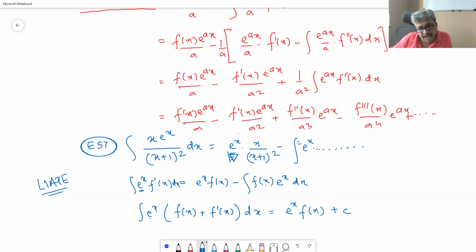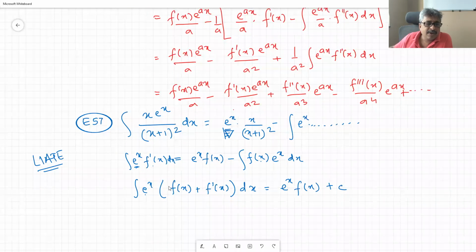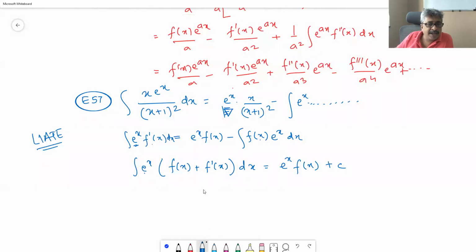So instead of applying integration by parts here itself in the first place, what we can do is write it as integral e raised to x and then second function as x plus 1 minus 1 upon x plus 1 bracket square dx.